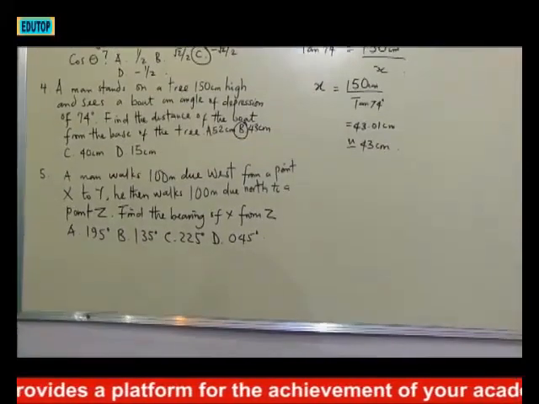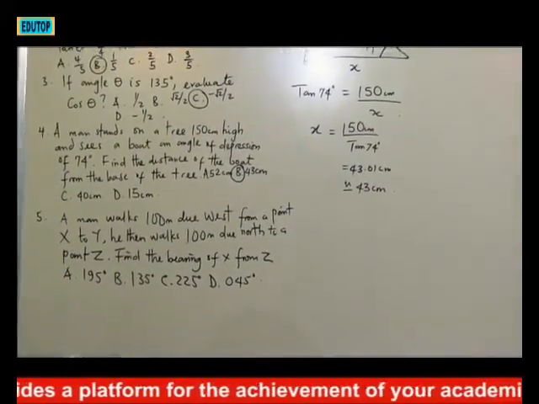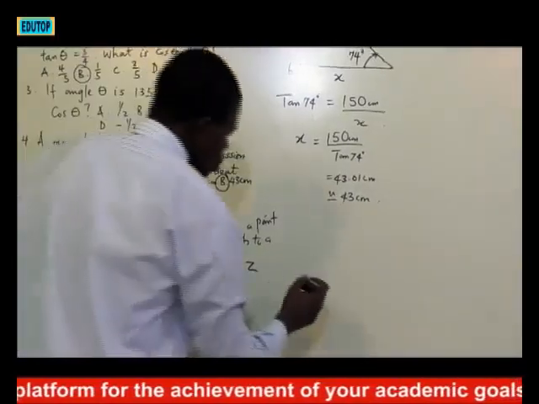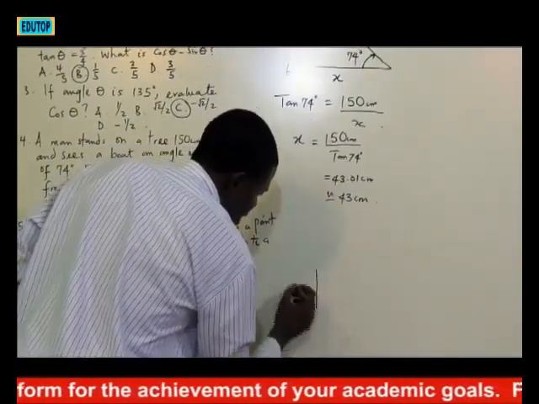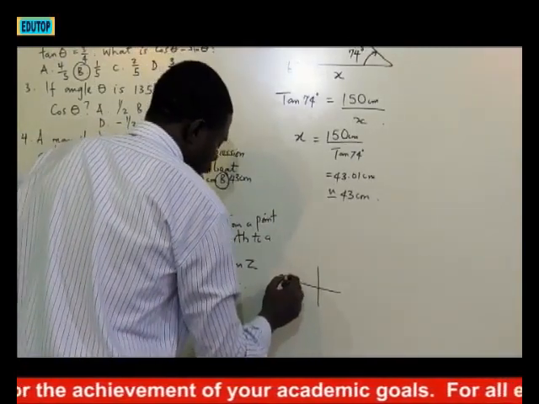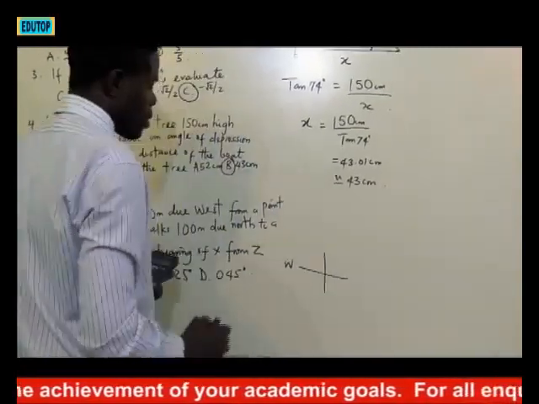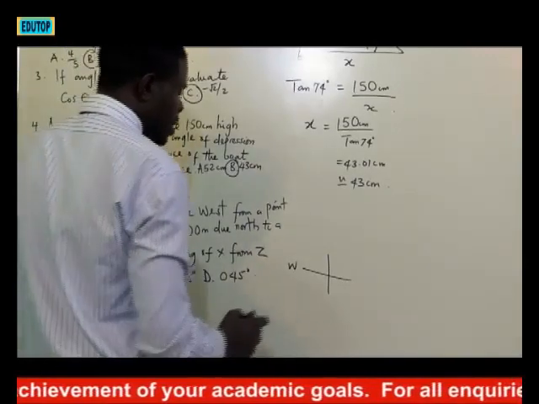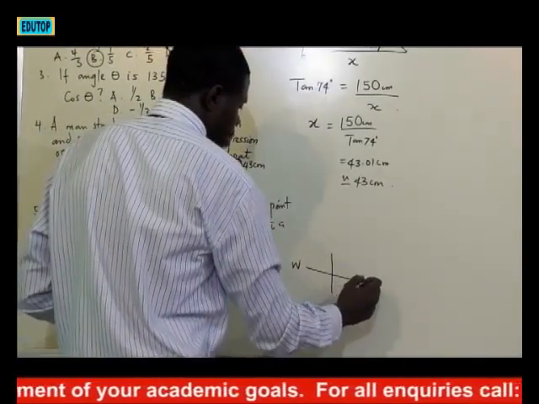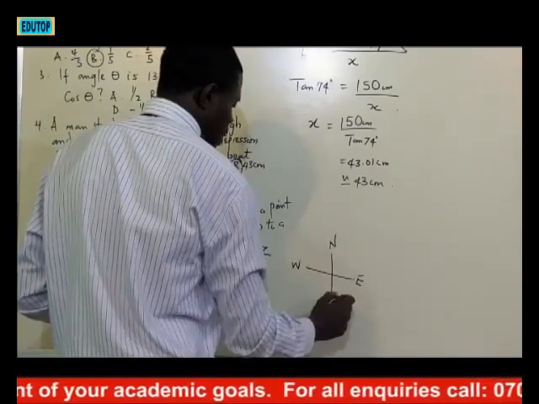Then, question number 5. A man walks 100 meters due west. So in this situation, what we need to do is to draw our 4 cardinal points. This is our west. This is our east. This is our north, and this is our south.